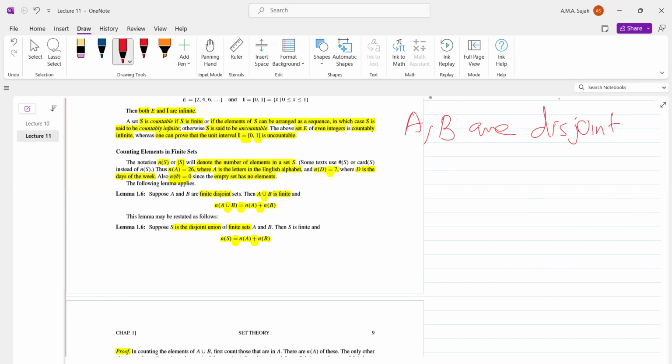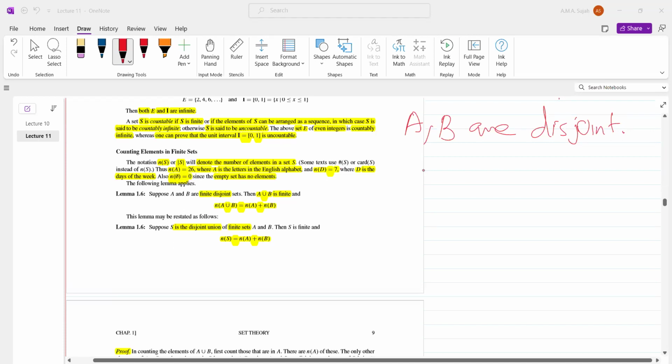If I write this sentence in any question, what is the conclusion from this sentence? What is your understanding from this sentence? If I mention A and B are two sets and they are disjoint, there is no common element between A and B, right?